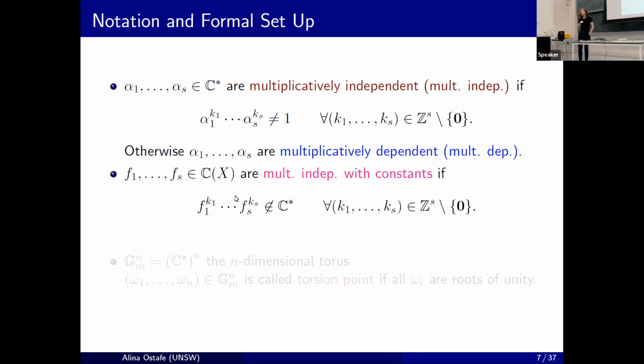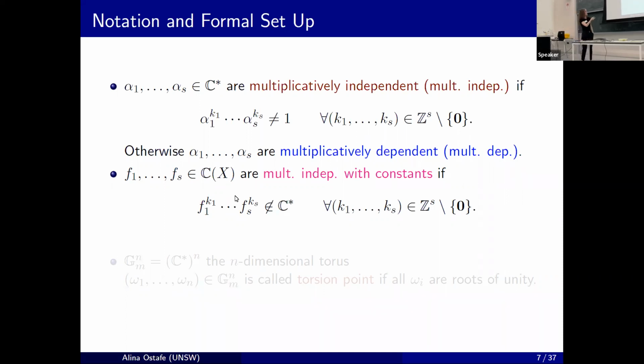And a similar definition holds for rational functions as well, so in the function field case. But I will also use multiplicative independence modulo constants or modulo a subset of the complex numbers, for example, a division group.